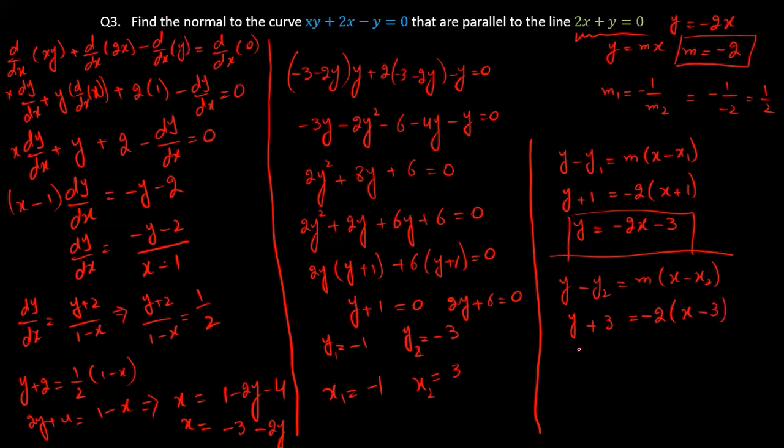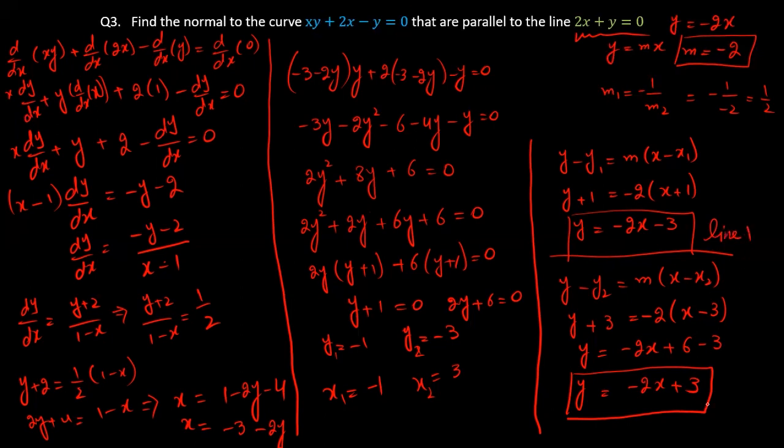So y is equal to minus 2x plus 6 and minus 3, and this equation is minus 2x plus 3. So here we have two lines, line 1 and line 2, which are normal to this curve, and this is the method to compute them.